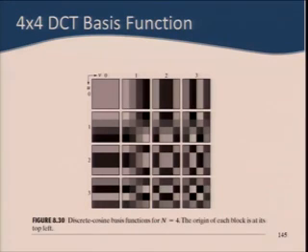You perform the DCT, you get an 8 by 8 DCT coefficient block. So together with this 8 by 8 image block, you have the 8 by 8 DCT basis function. But to help you understand the essence of why DCT can achieve compression in JPEG, we consider 4 by 4.